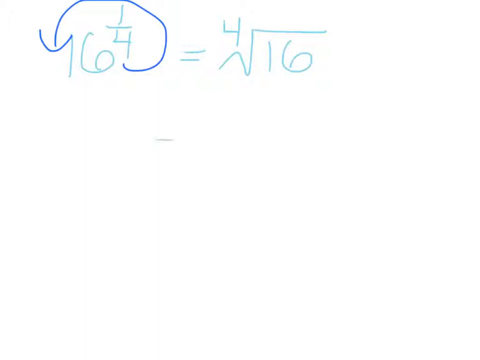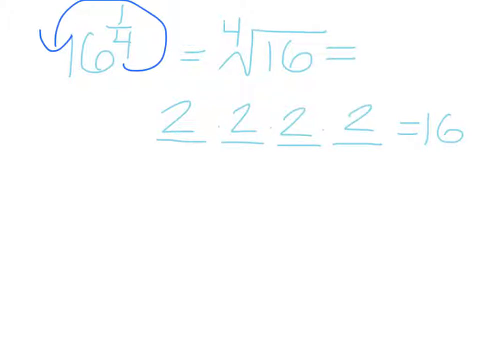That's asking me what value times what value times what value times what value, 4 times, is going to get me to 16. And if I think about that, 2 times 2 is 4, 4 times 2 is 8, 8 times 2 is 16. So the 4th root of 16 is simply 2.